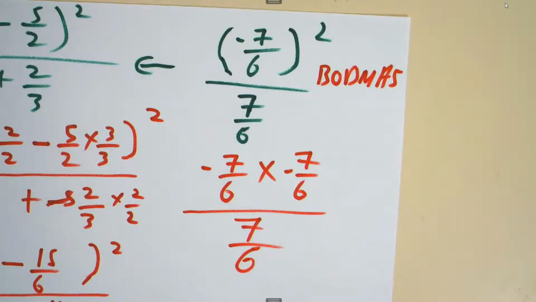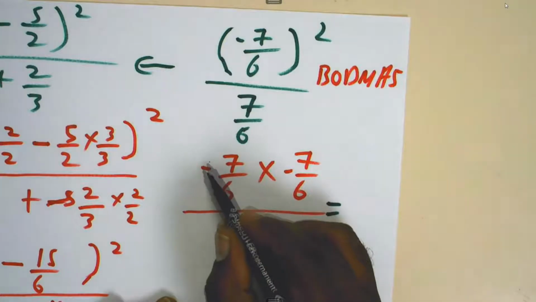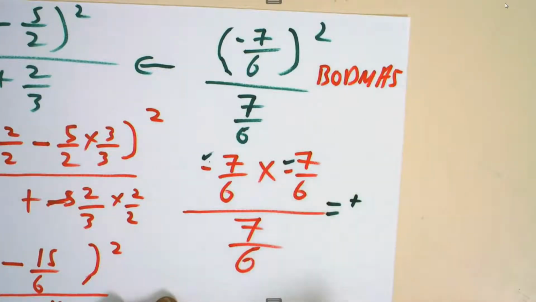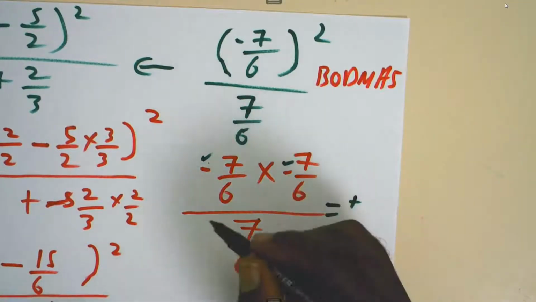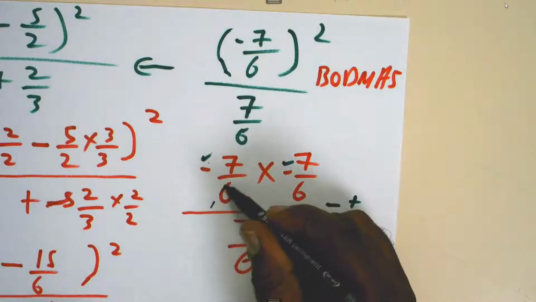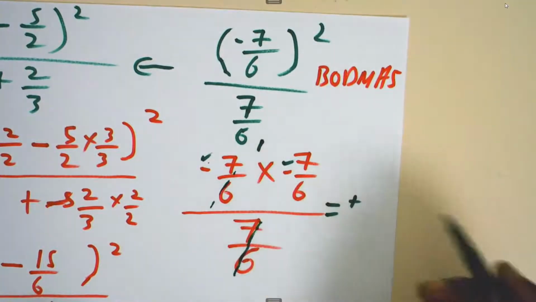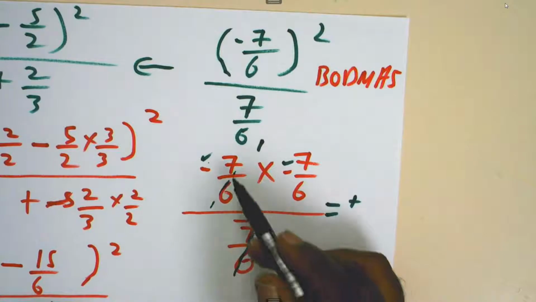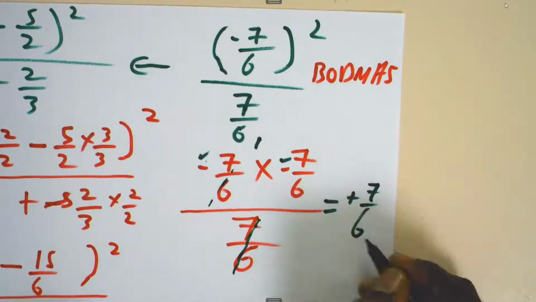Remember, negative multiplied by negative will give you a positive. But let's also remember 7 over 6 is the same as 7 over 6. Therefore, that means 1, then you are left with 7 over 6.